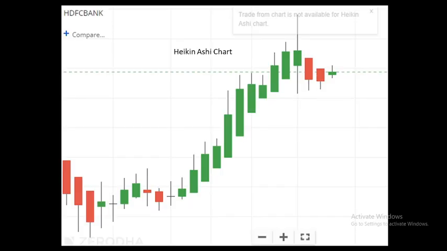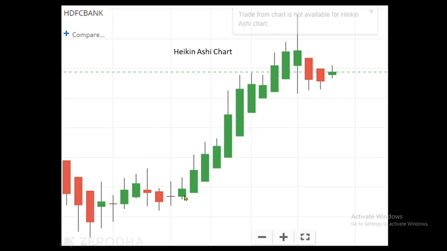Thank you. And the Heikin-Ashi candlestick chart. This is one of the popular charts, easily understandable, where there won't be any tension. In this chart there are only three candles. One is the doji candle, with a small body and wicks on both sides.